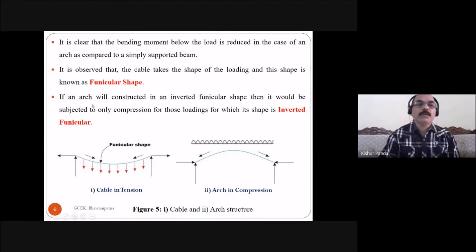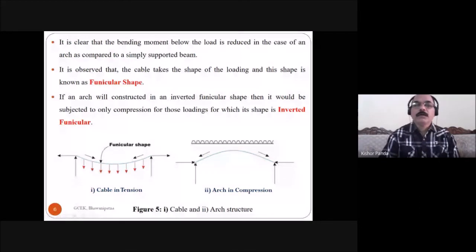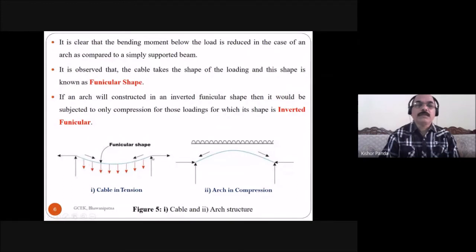If an arch is constructed in an inverted funicular shape, then it would be subjected to only compression for those loadings for which its shape is inverted funicular. So this is the arch. In the arch, this is the compressive force at the support. But in the case of cable, at the support, this is the tensile force.